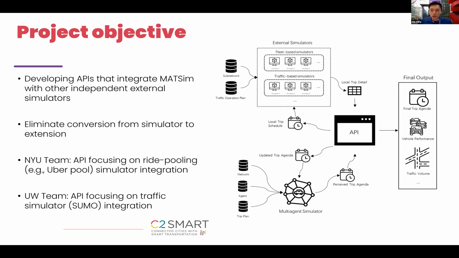You will save a lot of work, and developers will have the freedom to develop their own local simulator in whatever language they are comfortable with, and then use this API to connect those simulators with MATSim.